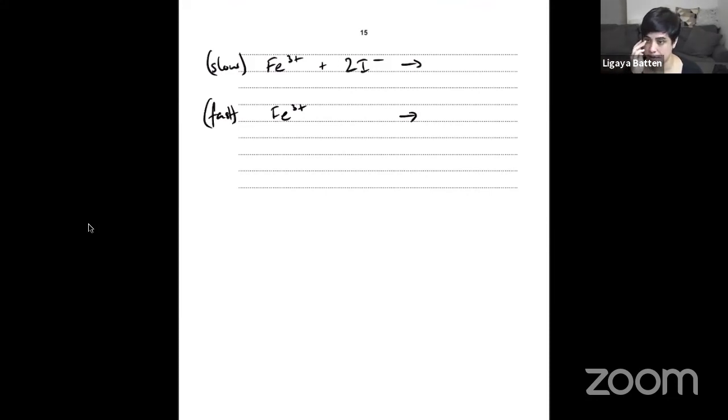The idea is that there could be all sorts of different feasible possibilities. What you write down just has to be feasible from the information you're given. So I think we're going to suggest FeI2+. So all I've done is put Fe and the two I's together as if we're making an ionic compound.